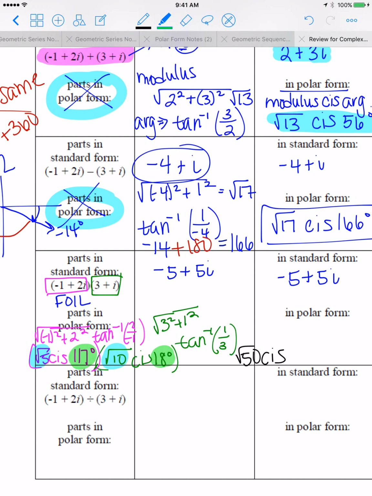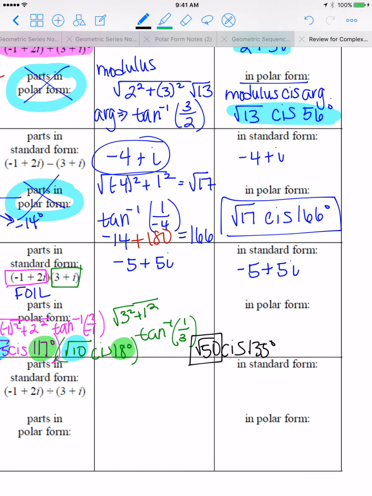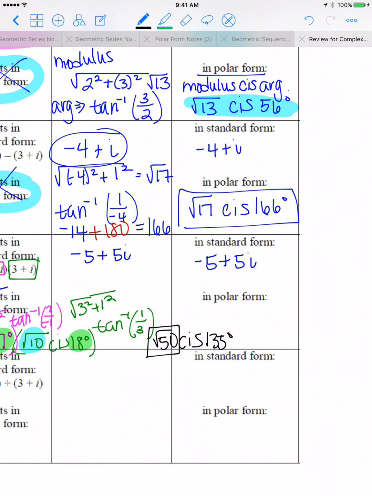We proved this yesterday in our notes. So we get 135. The only thing that we need to do is take the square root of 50 and simplify the radical. There's a perfect square of 25 in there. Square root of 25 is 5. So we have 5 square root of 2, CIS 135.